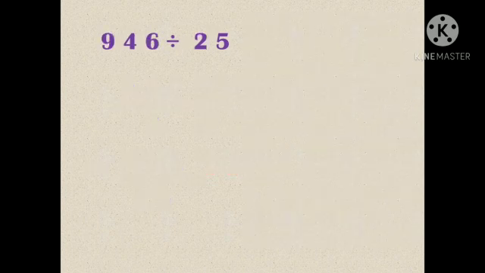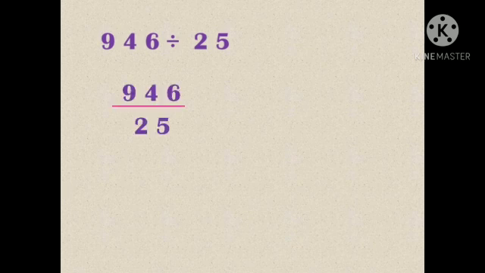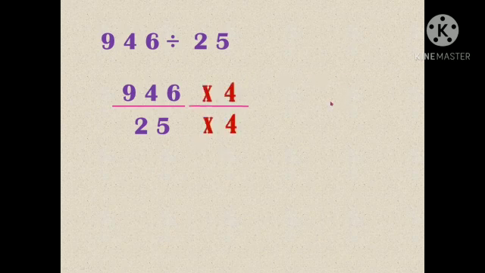So next, let us see the reason for 25 also. Here is a problem, 946 divided by 25. So first step, let us rewrite it by taking the 25 in the denominator. So if we change the denominator to 100, division would be very easy. If you want to make it 100, we are supposed to multiply the numerator and denominator by 4. The value will not change.